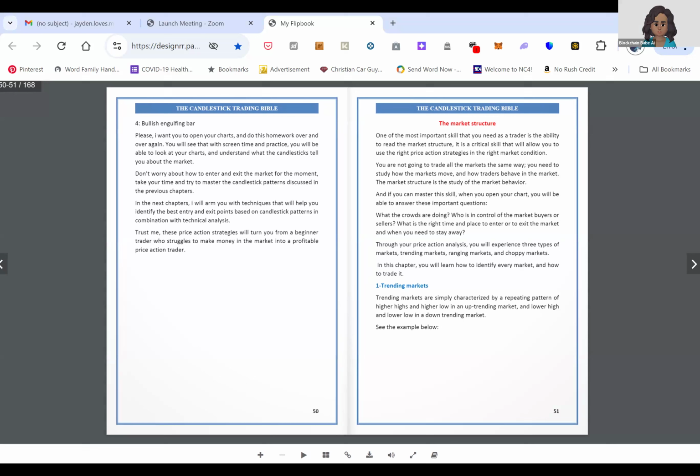All right. So last week we went over a couple of patterns, and this week we're going to go over market structure. All right, let me see if I can make this screen just a little bit bigger. Hold on for a second.